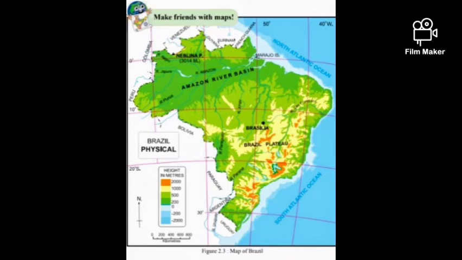Then in the northern part of Brazil, you can see Marajo Island. Then Guyana, French Guiana, and countries like Colombia, Venezuela, Peru on the western side of Brazil.